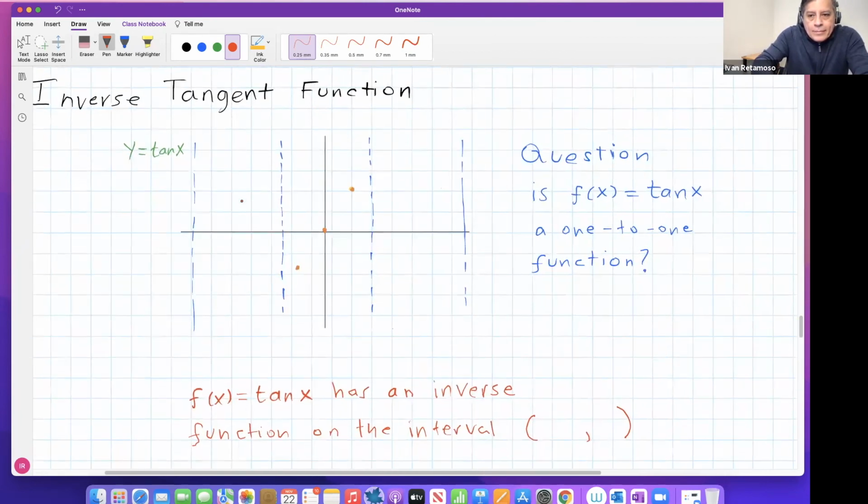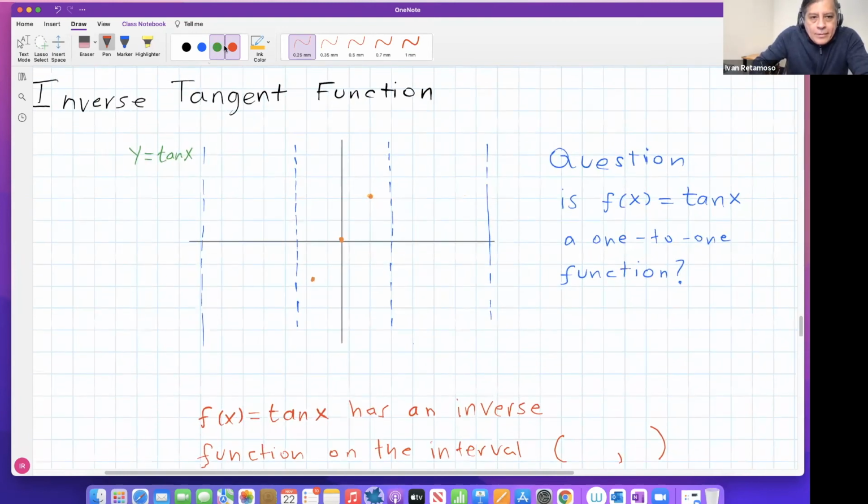Remember, I showed you in a previous lecture that if you graph y equals tangent of x, you're going to get something like this. These elongated chairs where you cannot even sit down, right? Very elongated chairs. They look like this.